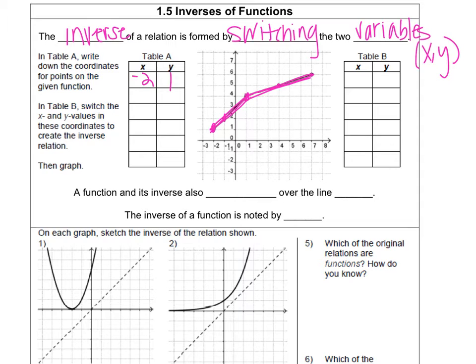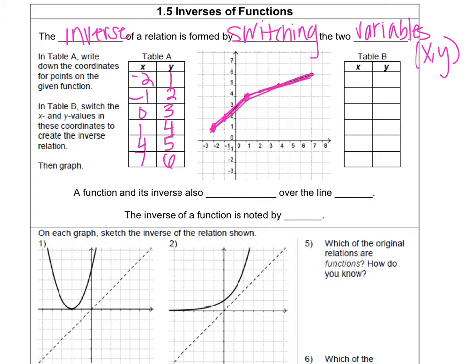And then -1, 2. 0, 3. 1, 4. 4, 5, and then 7, 6. So those are the 6 coordinates of this function.